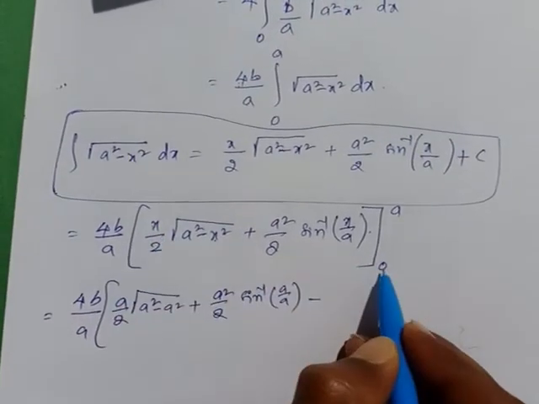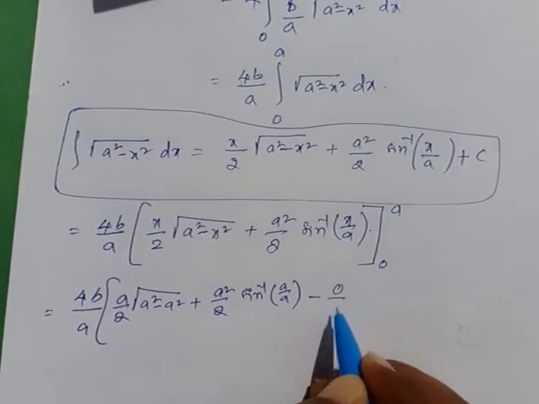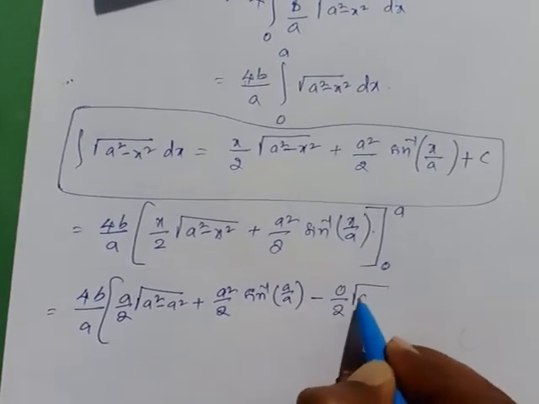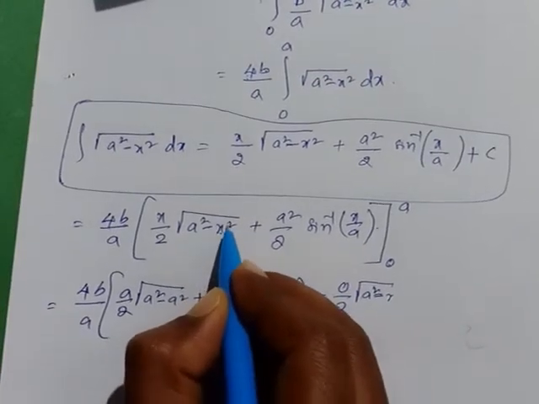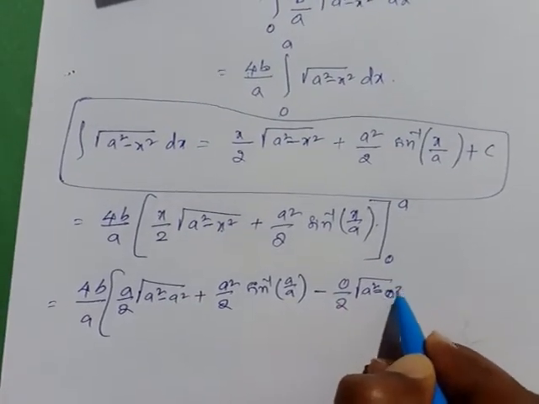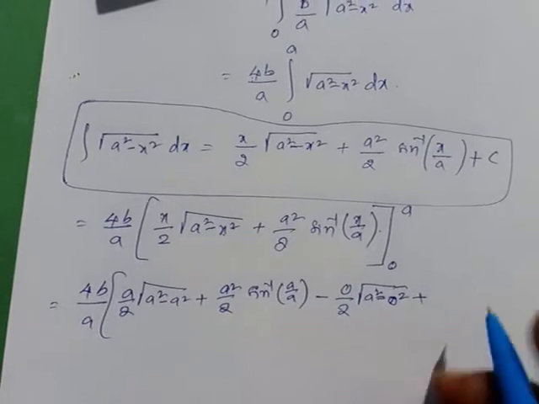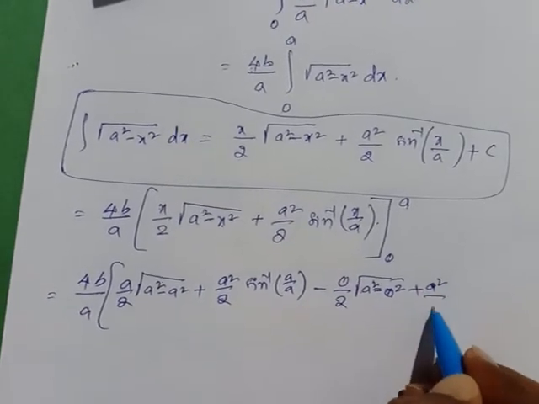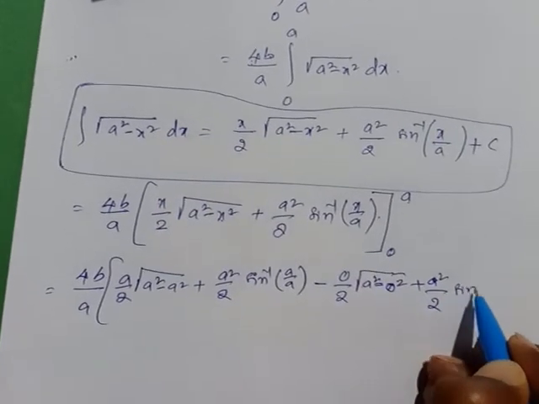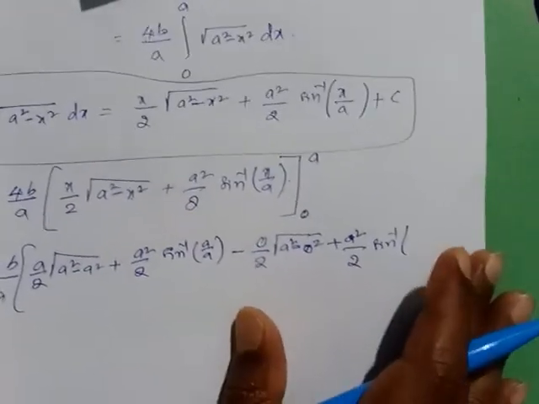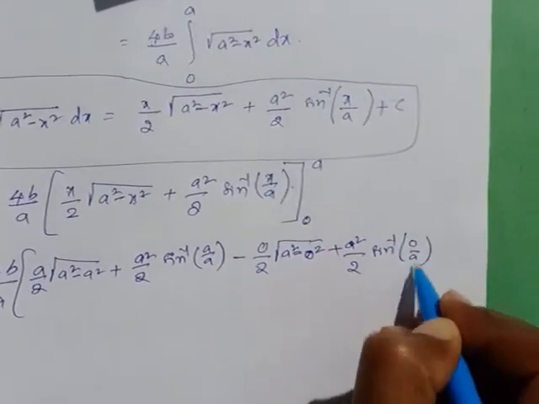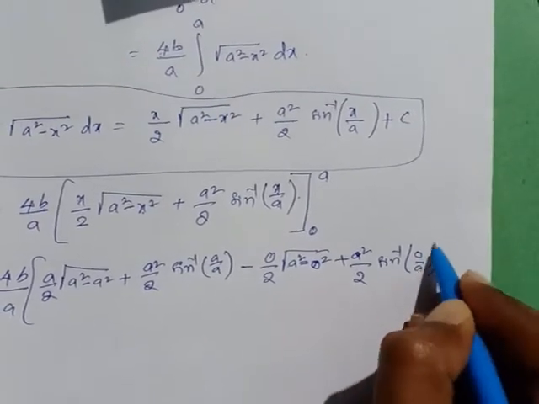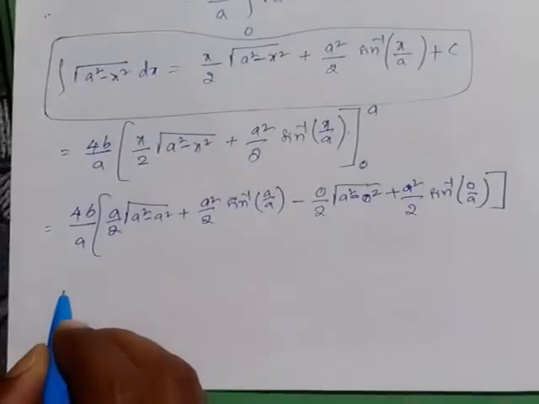In the x place substitute the lower limit, that is 0: 0 by 2 under root a square minus 0 square, plus a square by 2 sine inverse of 0 by a.